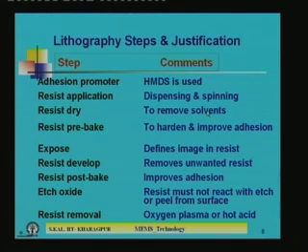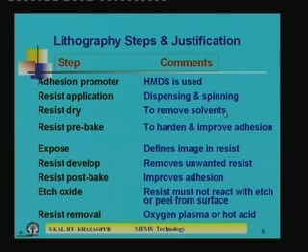So, the HMDS film is initially coated on the silicon dioxide surface, and then you go for spinning the photoresist. After that comes the resist application, and the technique is dispensing and spinning. Dispensing means you put enough photoresist on the surface of the silicon dioxide, then you spin the silicon wafer.